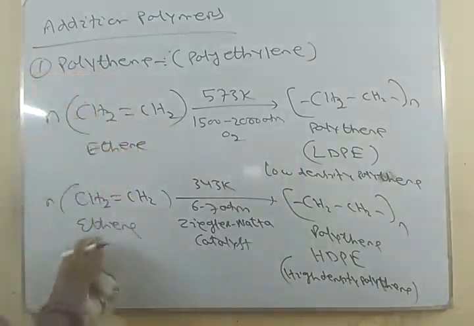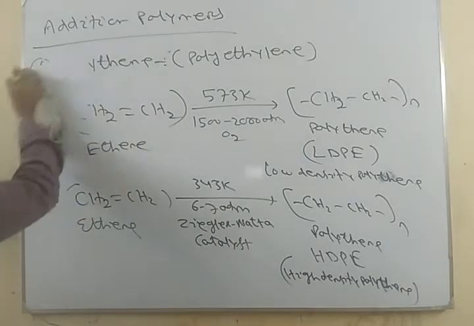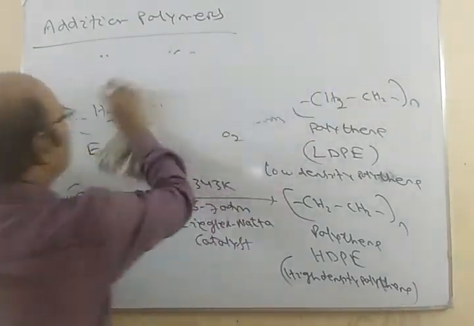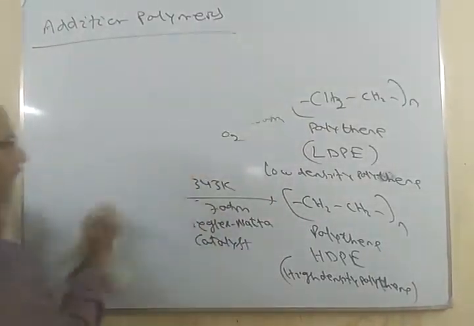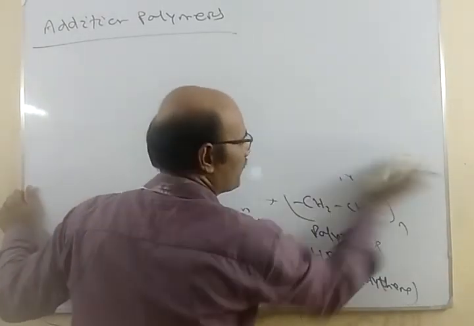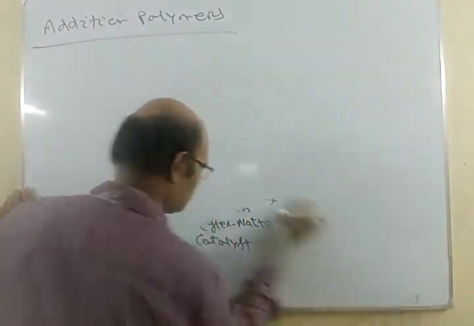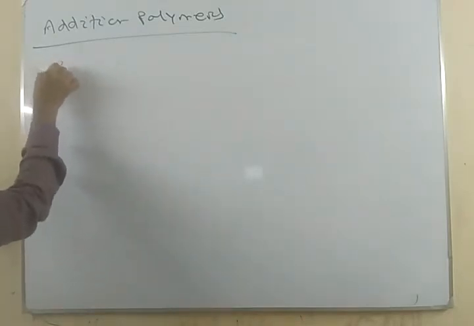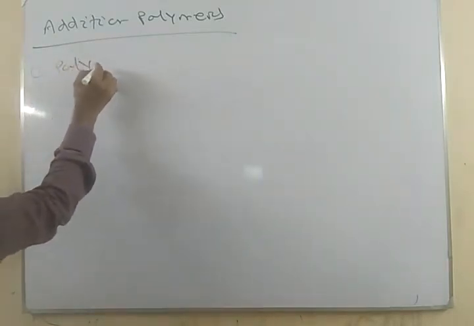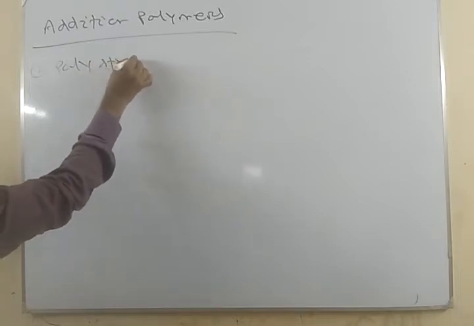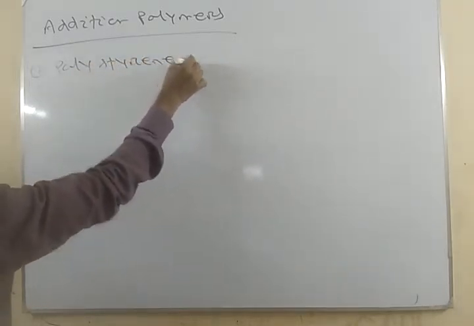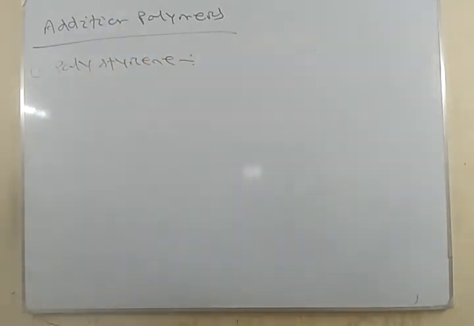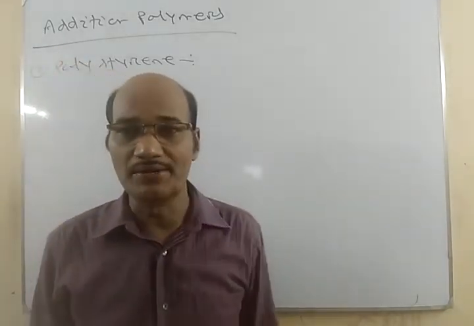Now number 2, polystyrene. Polystyrene is the polymer of styrene.